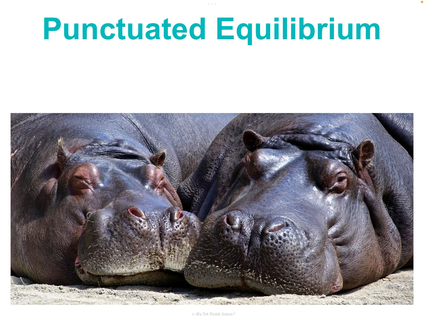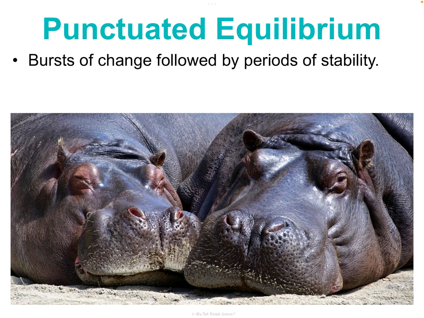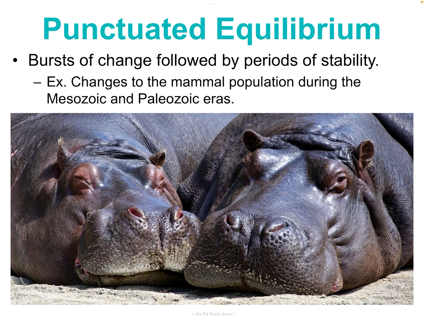We also have punctuated equilibrium. I'm going to say it like that again, punctuated, because it's a burst of change followed by periods of stability. So in this one, the example is the changes in the mammal population during the Mesozoic and Paleozoic eras.